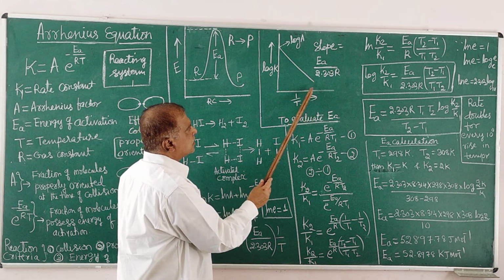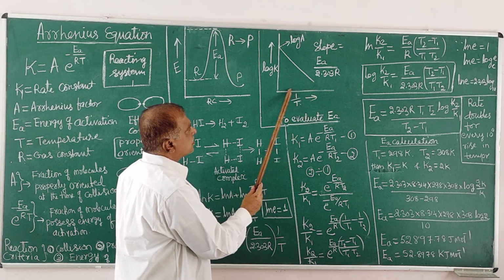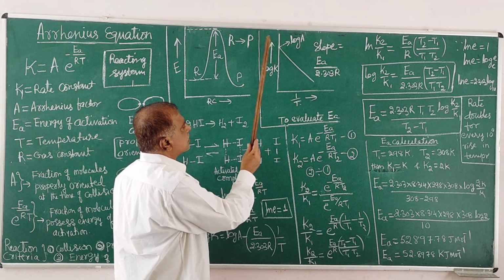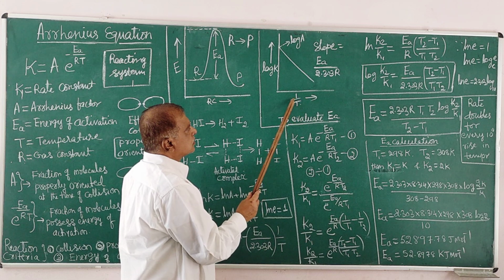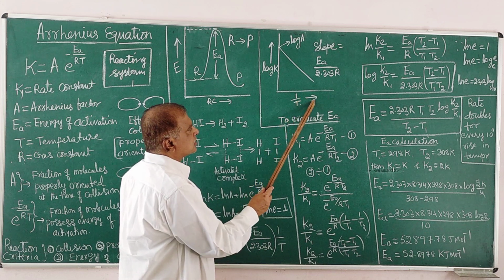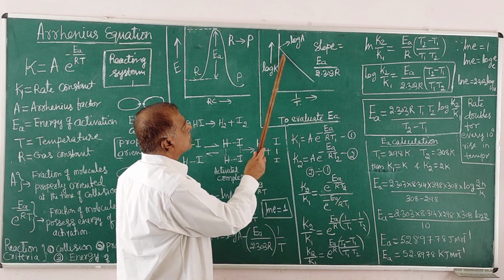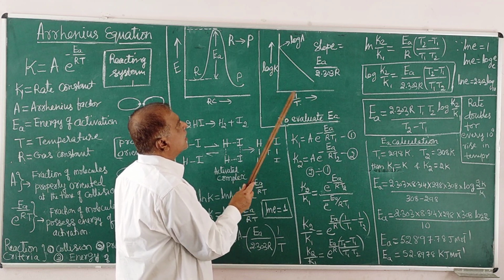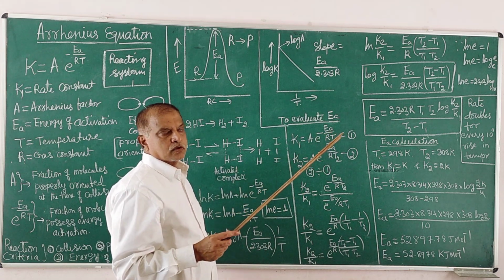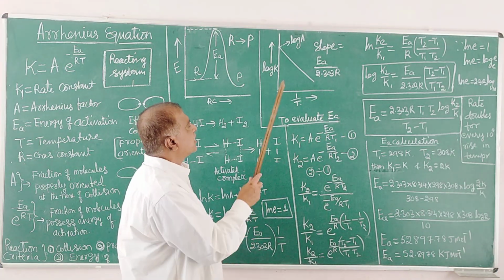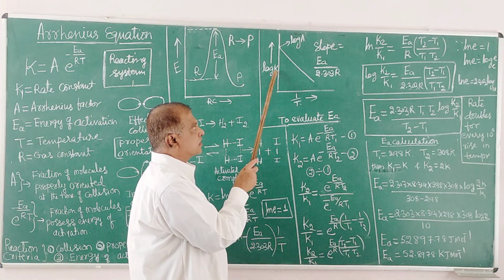Vice versa, in this direction, with an increase in temperature, the rate constant increases. So when 1 by T increases, temperature decreases. So rate constant and temperature are directly related. Upon an increase in temperature, the rate constant or rate of reaction increases.